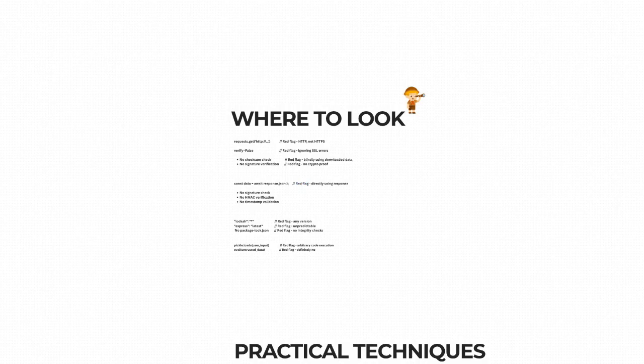Second, look at API responses. Anywhere your code is receiving data from an external source, check if there is validation. Look for directly using response data, like await response.json(). There is no signature check, no HMAC verification, no timestamp validation. If the code just takes the response and uses it, that is A08.